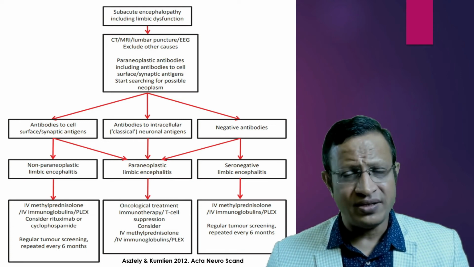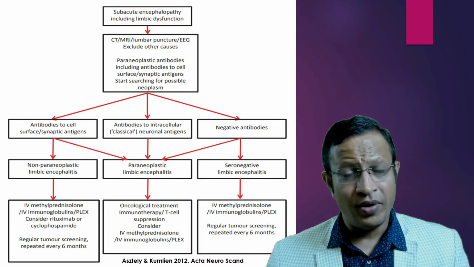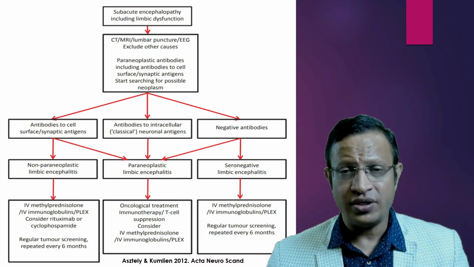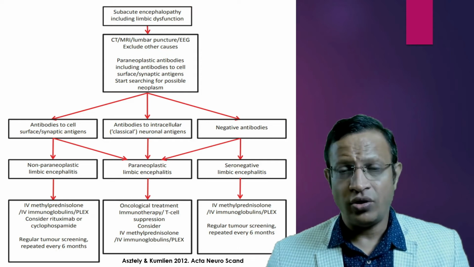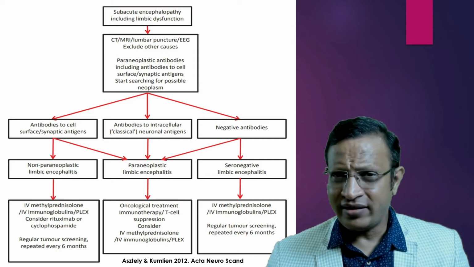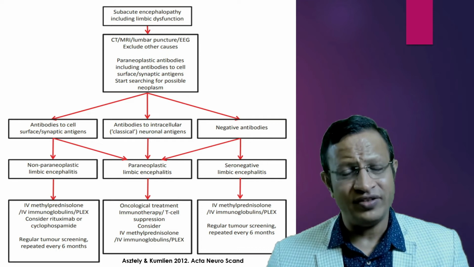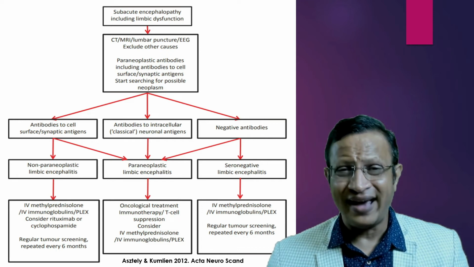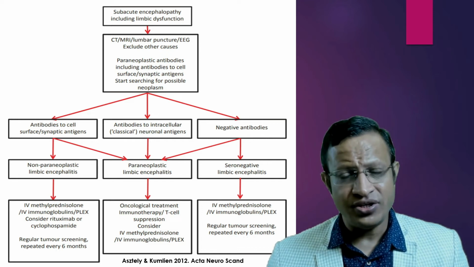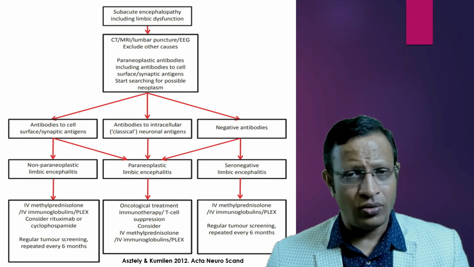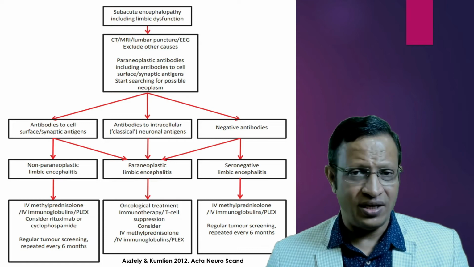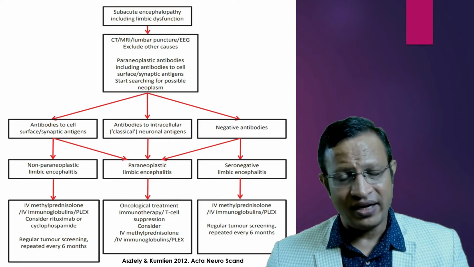Whenever the patient presents with subacute encephalopathy, such as subacute onset of confusion, disorientation, short-term memory loss, movement disorders, seizures, psychiatric symptoms which do not qualify into any of the usual syndromes, irritability, anxiety, delusions, hallucinations, depressive symptoms, sometimes manic symptoms, in such a scenario you need to investigate, suspecting limbic encephalitis.